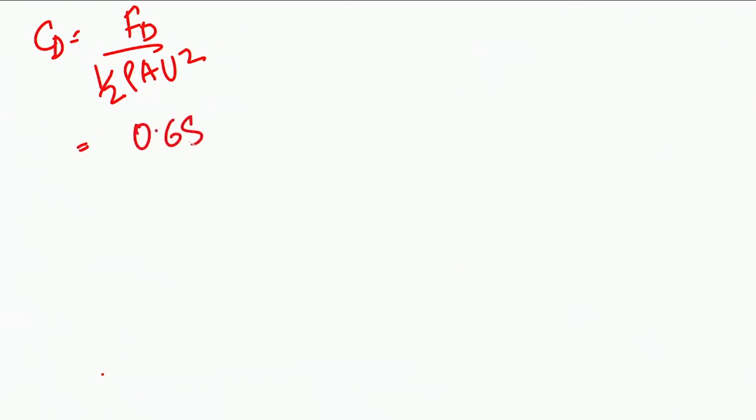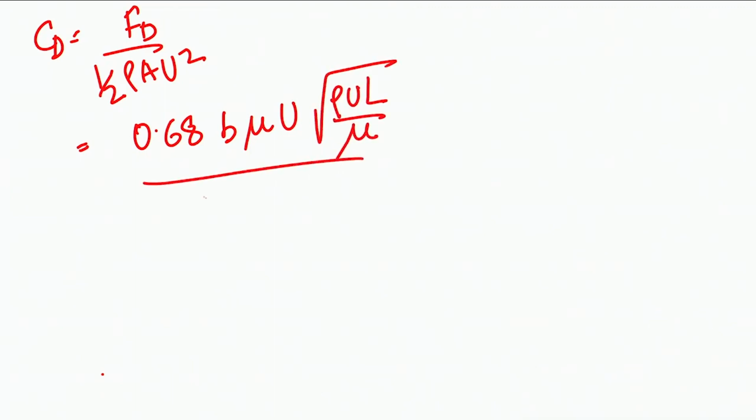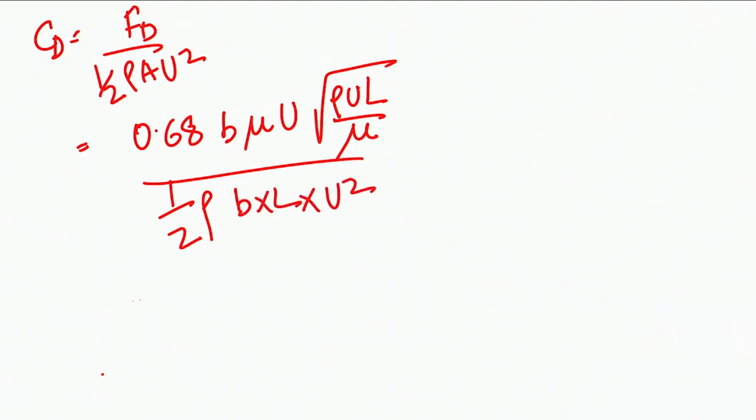It is 0.68 B mu capital U under root rho U L by mu divided by half rho, where the area is B into length into U square, and this will give us 1.36 into 1 by under root rho U L by mu.